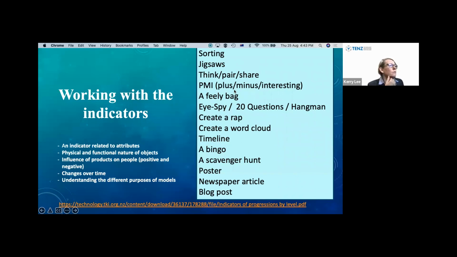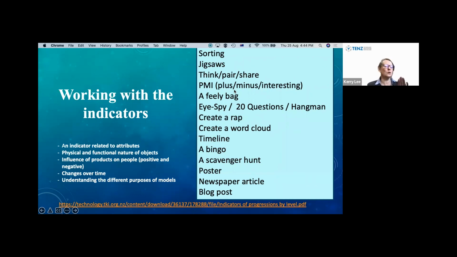Cool. So once you've got a list and then you've got an indicator, you're thinking, okay, I'm working with this group. I need these groups to actually continue on. I want them to think about how things have changed over time, then possibly they don't have to always write it.